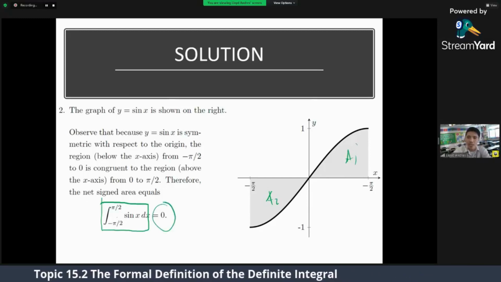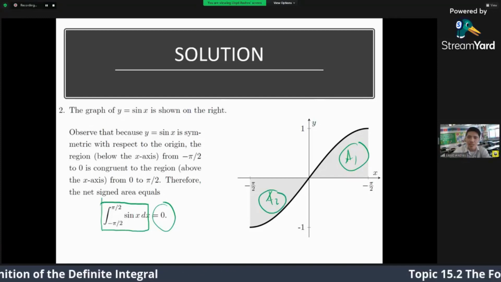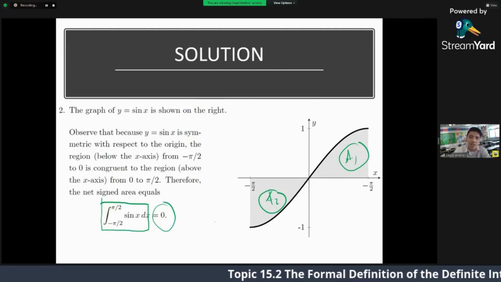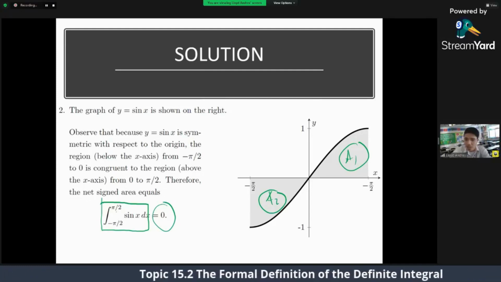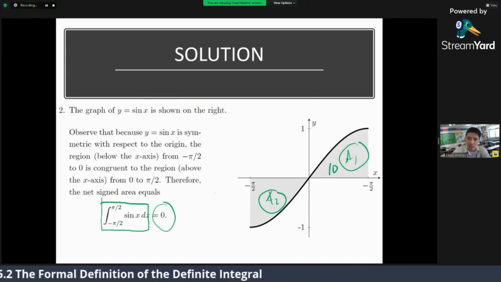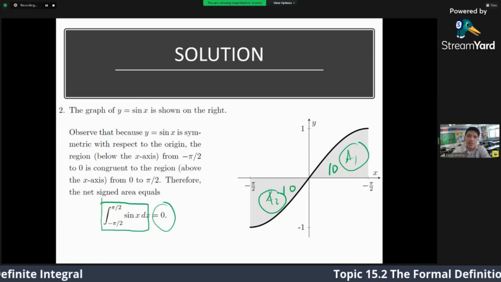Because this one is positive and this one is negative, and they are exactly equal in value, just positive and negative, they cancel out. Say, for example, the area here is positive 10. The area is 10, positive. Say both are 10.